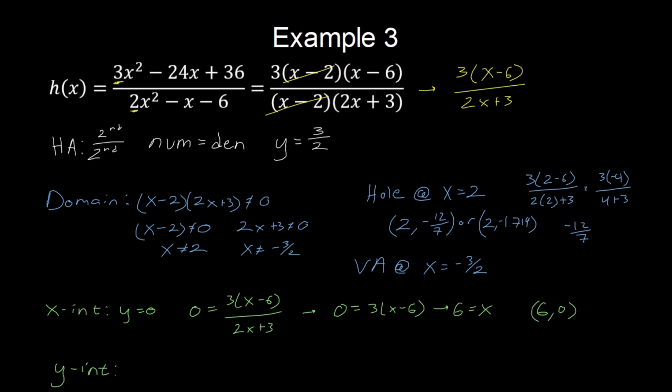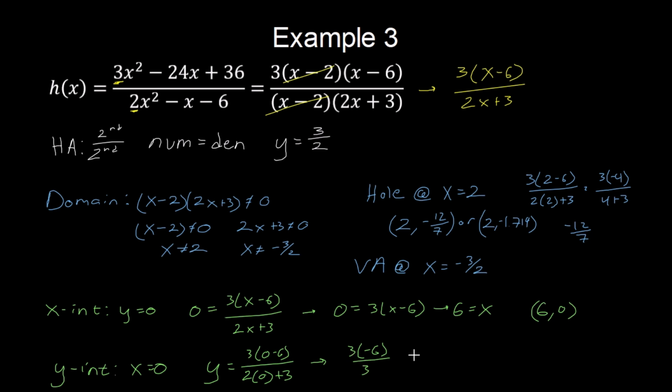Finally, our y-intercept is when x equals 0. So y equals 3 times 0 minus 6 divided by 2 times 0 plus 3. Simplifying a little bit, and again I'm going to do it in steps like I did with the hole to make sure I don't make a silly mistake. 3 times negative 6 divided by 3.